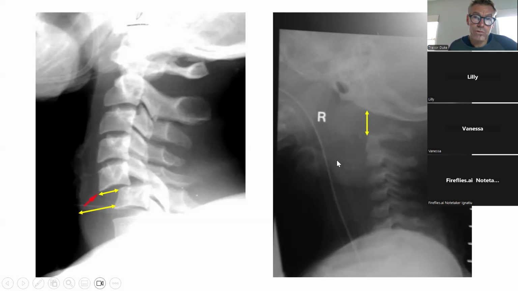So these are the sort of changes you can see on cervical spine X-ray. And with this distraction injury, the prevertebral soft tissue space has been obliterated. It's all soft tissue. So there's a major large hematoma in this area because of this distraction injury to the cranial vault, the skull on C1.